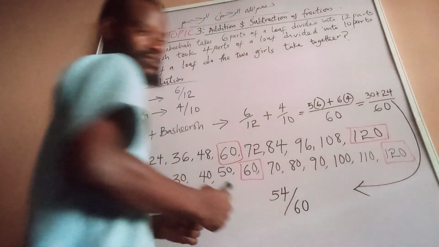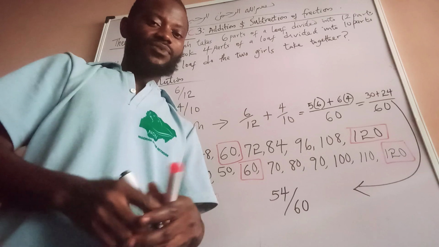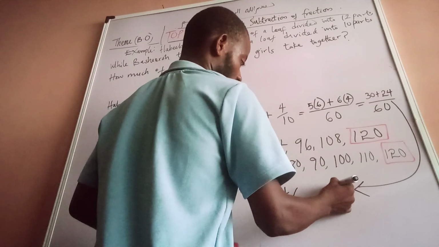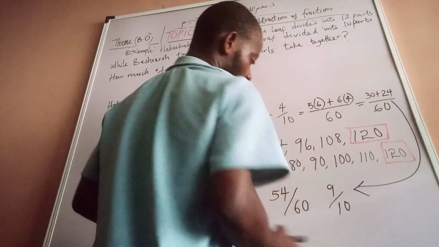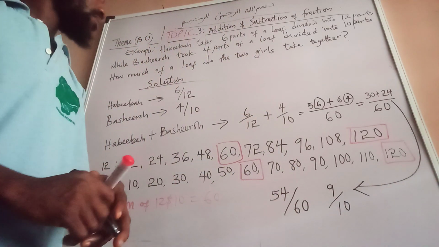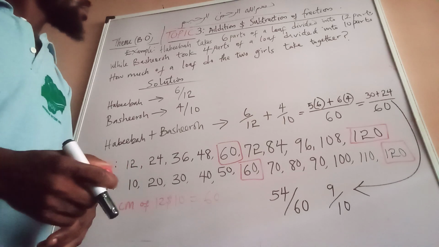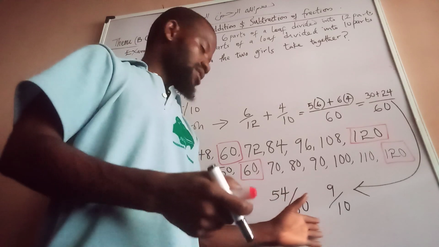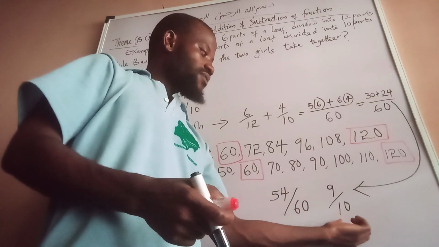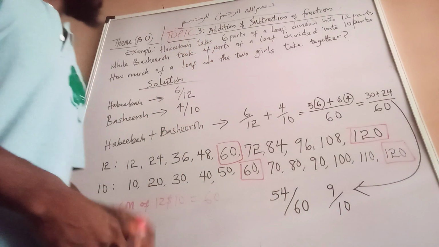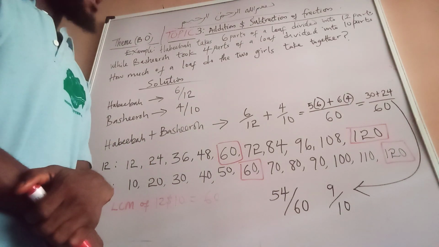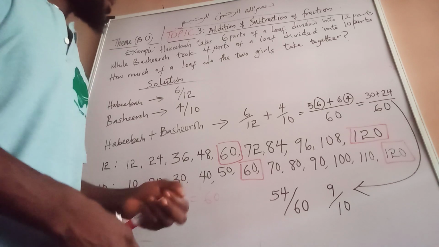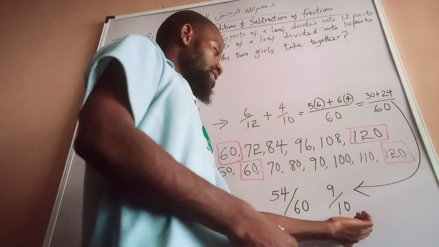What do you think is common to both? 6 is common. 6 goes into 54 nine times and into 60 ten times, giving 9 over 10. So it means that the two of them actually took 9 over 10 of the loaf of bread together. Am I making sense?